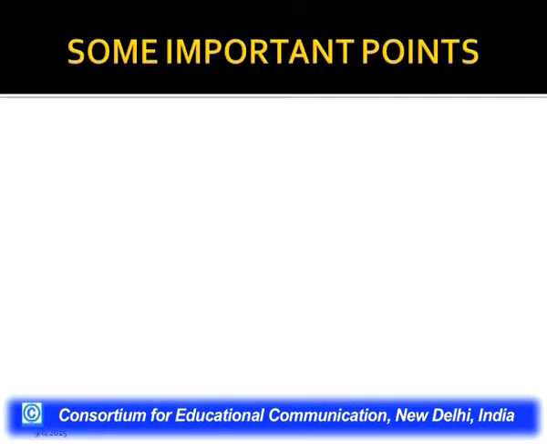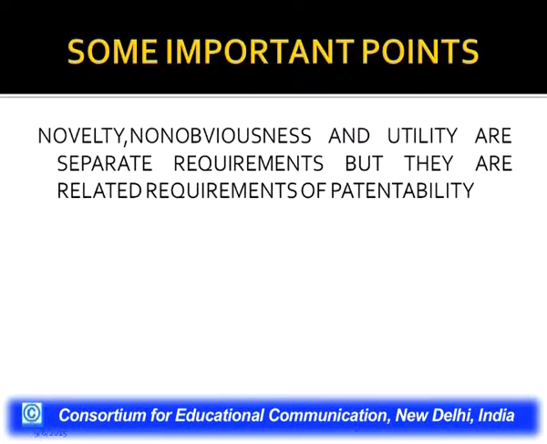Well friends, some more important points are required to be repeated at this juncture for all of you to understand today's discourse and today's agenda. As you all know, these requirements in the form of novelty, non-obviousness and utility are separate requirements, but they are related requirements of patentability.